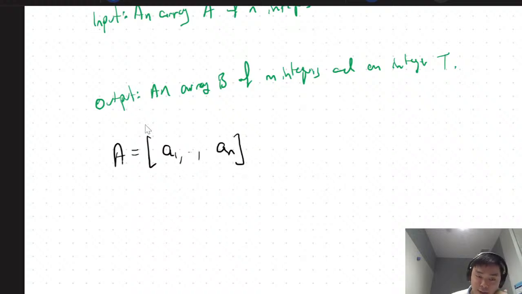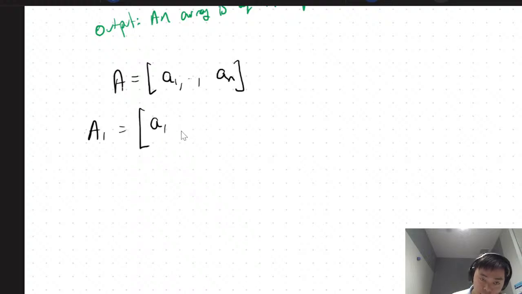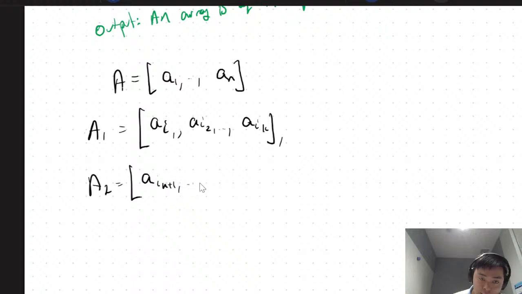And I know that there's a way of partitioning this into two sets so that they have the same sum. So I can partition this into A1, which is, say, a_i1, a_i2, up until a_ik, and A2 is a_i(k+1) up until a_in.